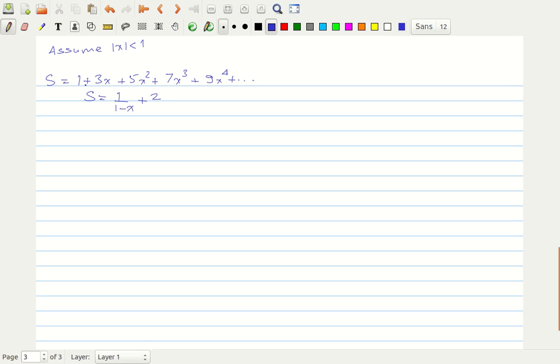So d times r is 2x divided by 1 minus x square, and if you want to simplify it, this is 1 minus x plus 2x divided by 1 minus x square, and therefore you get x plus 1 divided by 1 minus x square, and we are done.